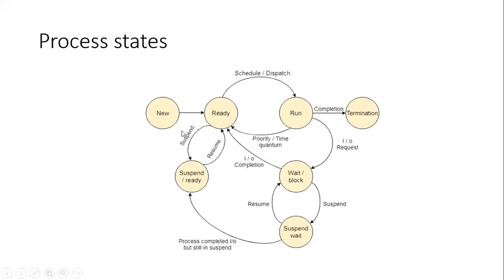If somebody asks how many minimum states are required for process execution, your answer should be 4 states: first the new state, second the ready state, third the running state, and fourth the terminated state. If a program requires only the CPU resource for execution, once it is executed it can be terminated.